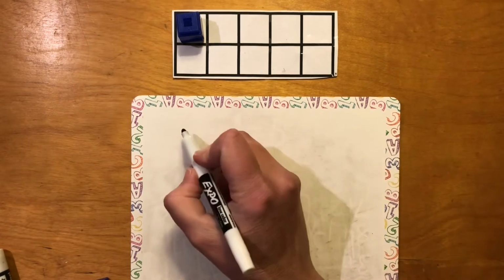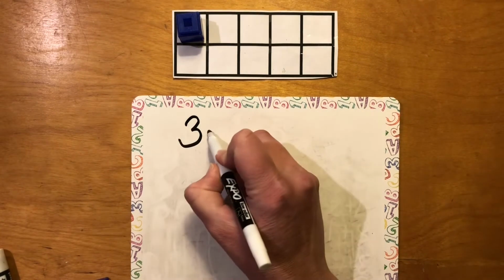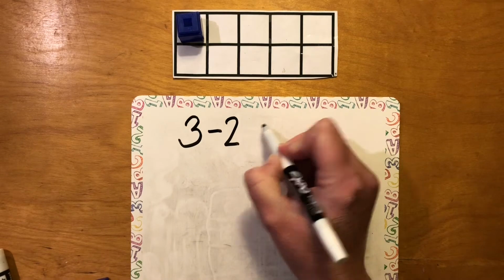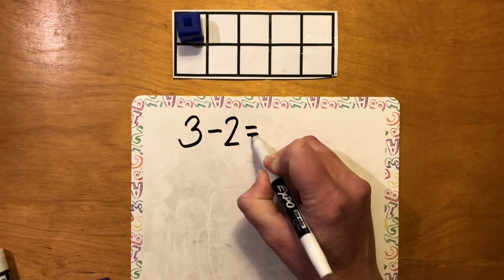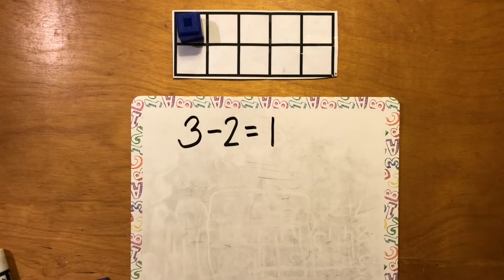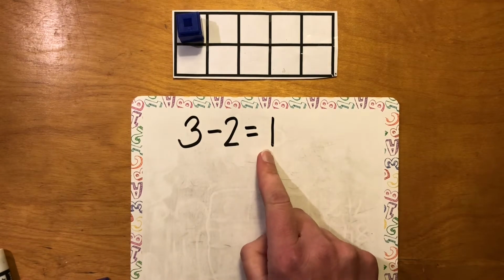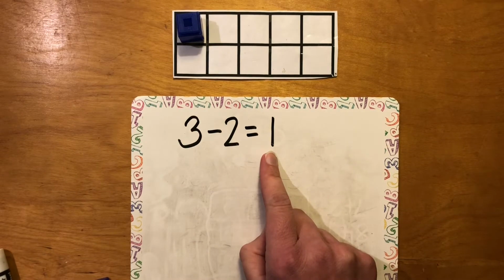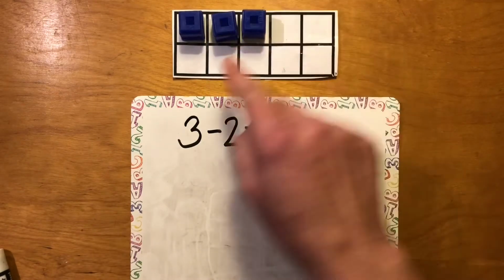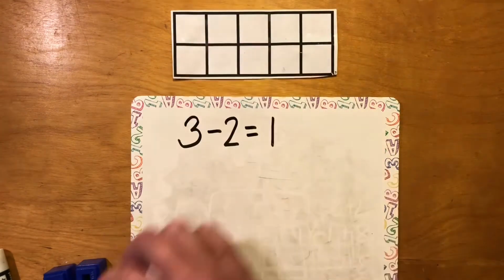Now we have 1 left. I said build 3 and remove 2. And our difference equals 1 left here. When we subtract, we start with a number, we take some away, and we end up with a smaller number. We had 3 at first, and then when we take it away, it gets smaller. 3 minus 2 equals 1.